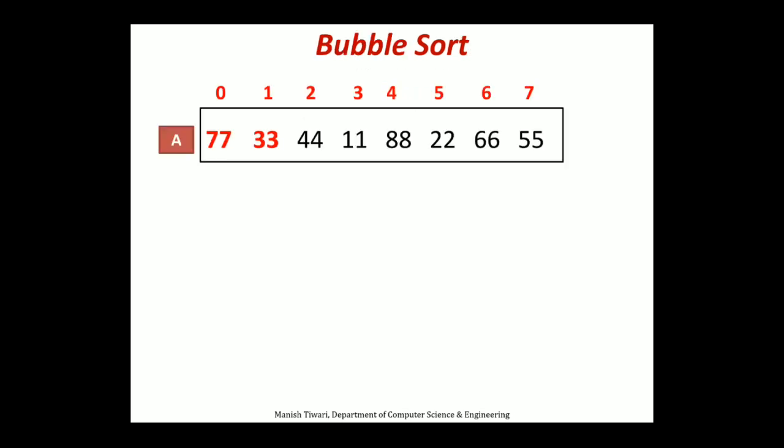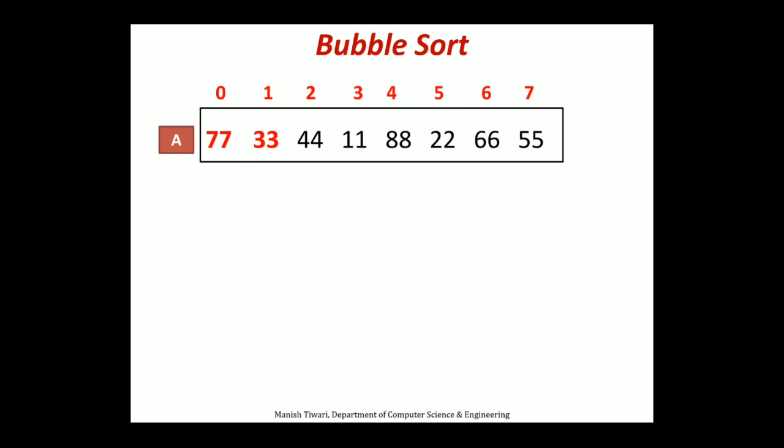So let us try to understand the basic working principle of this bubble sort technique. In this technique, we will compare and check each adjacent pair of elements to see whether they are in correct order or not. So what is correct order?